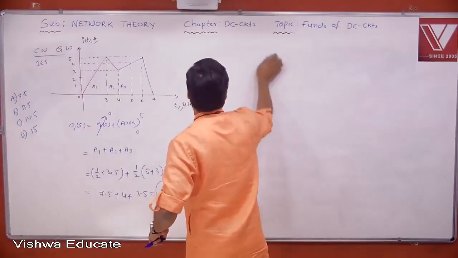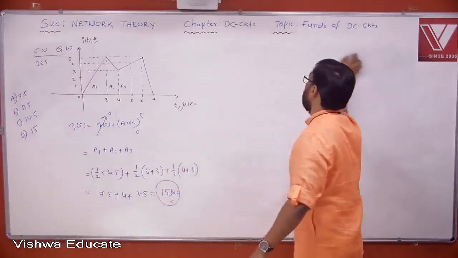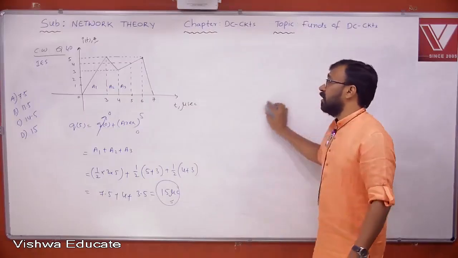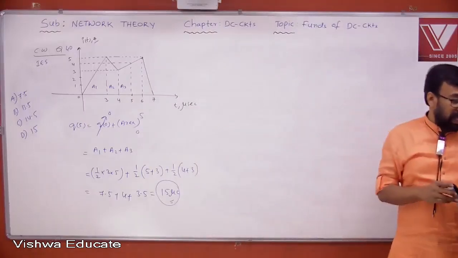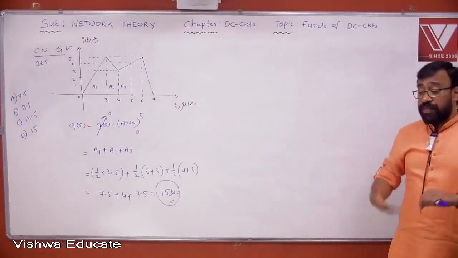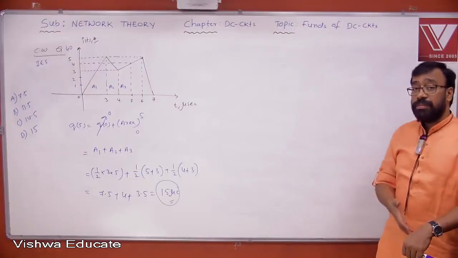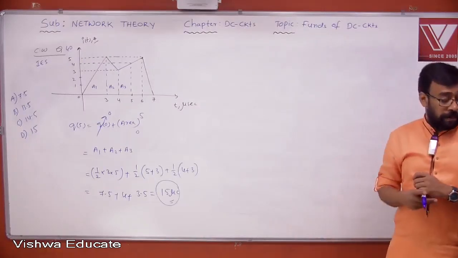As far as battery charging is concerned, even if it is mentioned after 5 microseconds, the charge acquired by the capacitor after 5 microseconds is nothing but between 0 to 5 only.